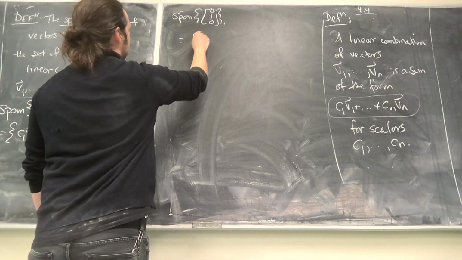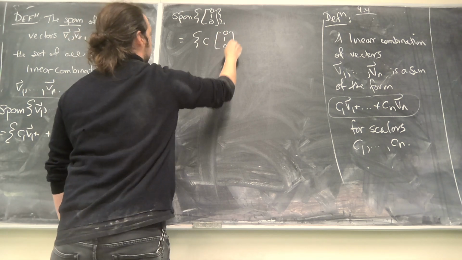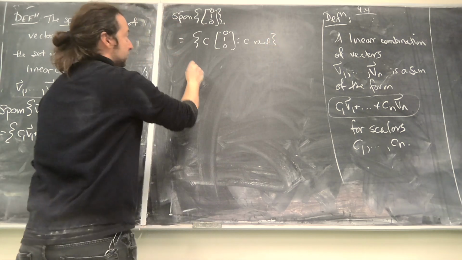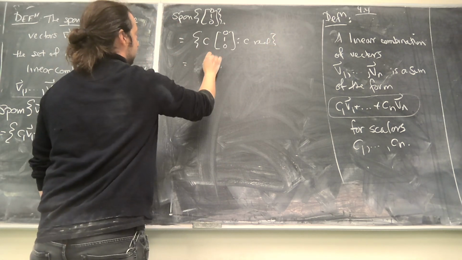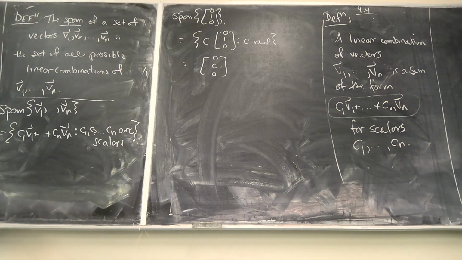If you wrote that down, it's all c's times the vector 0, 1, 0, where c is real, which is all vectors of the form 0, c, 0. What sort of geometric object is that? A line.